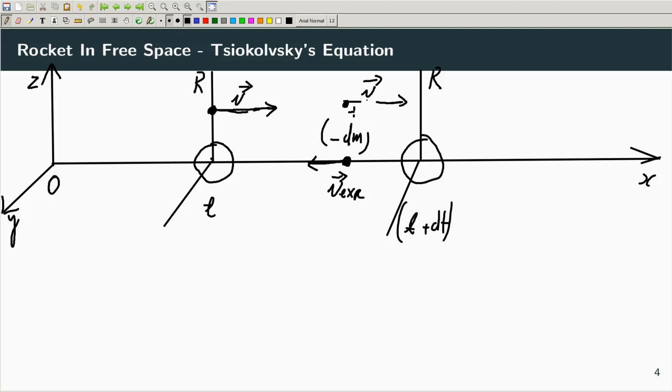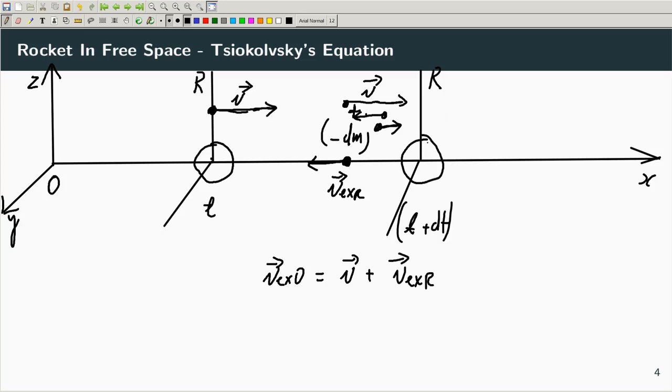I'll just write that in like so. So in our frame of reference, it will be going forward. We can write that the v exhaust of the exhaust mass from our frame of reference is equal to the initial velocity plus the velocity of the exhaust mass in the rocket's frame of reference.